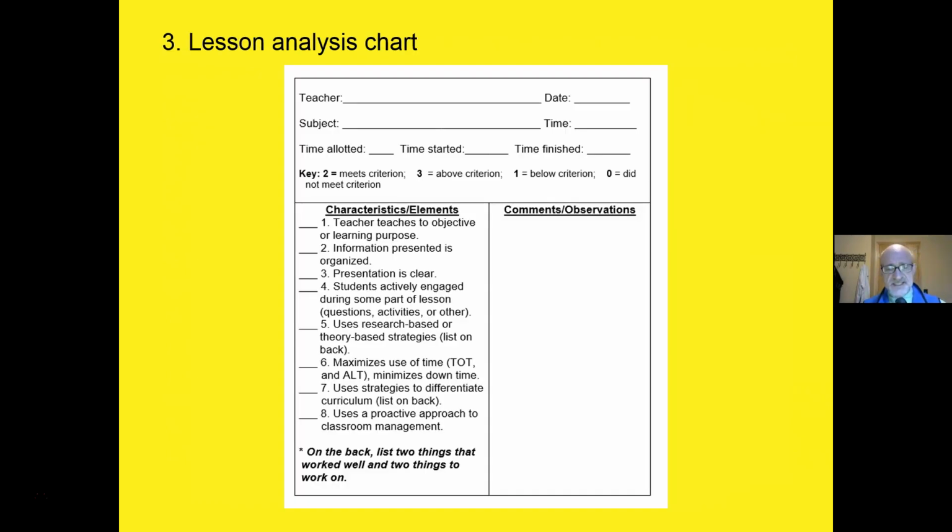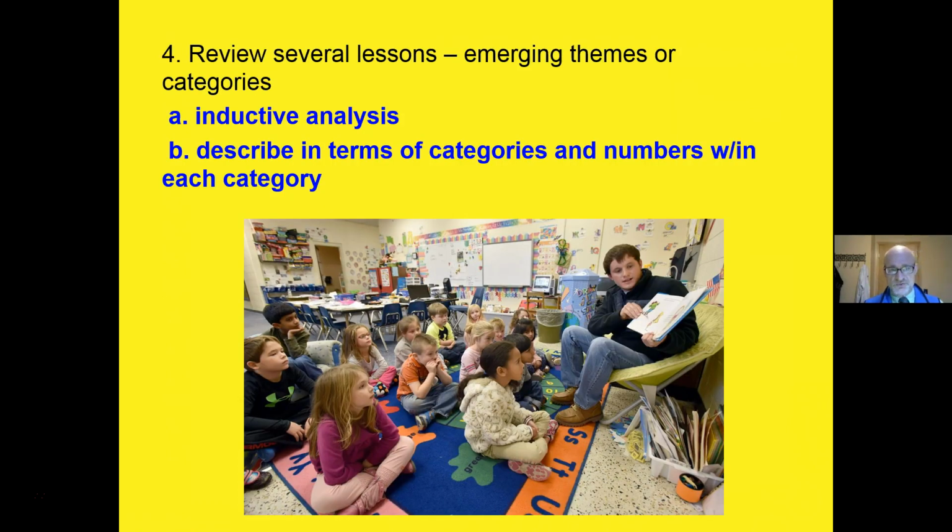Now here is the lesson analysis chart that could be used with any one of these. This is a place to start the conversation. Characteristics or elements, things that you're looking for, and comments or observations. Based on conversation with colleagues or literature review, you may have different ones here, but this is an instrument or a tool to use.